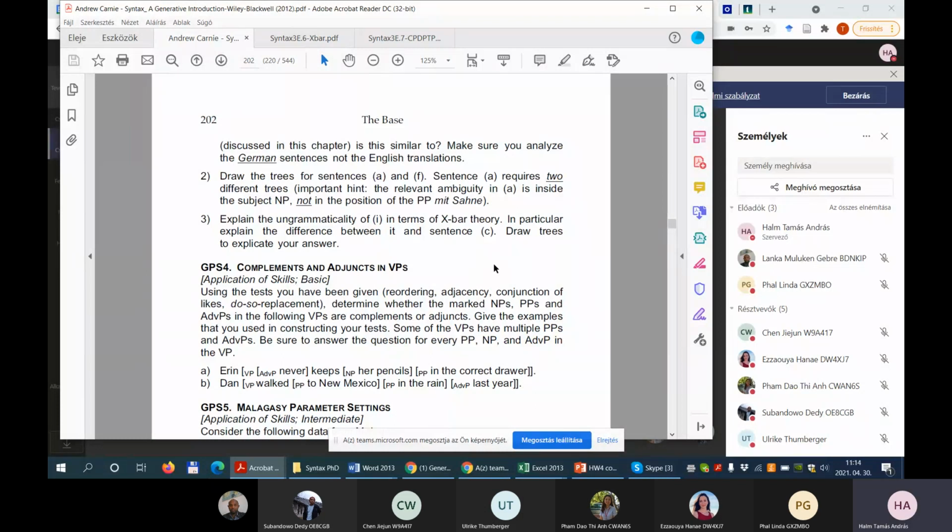Which part can we replace with do so? So Dan walked to New Mexico in the rain last year, and John did so in the sun yesterday. Is that okay? Did so in the sun yesterday.